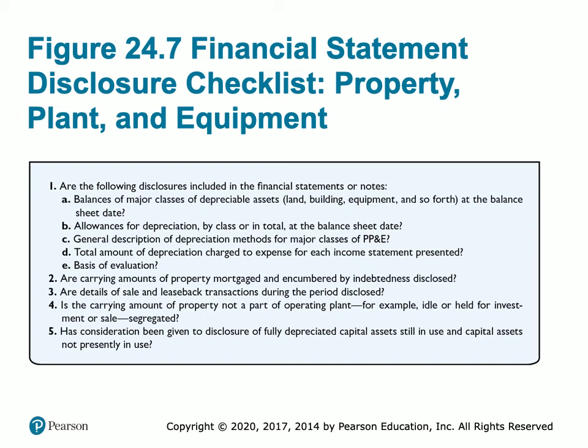Many companies, and in fact, you can even look on different websites, have financial disclosure checklists, which go step by step through each financial statement line item and have specific industry checklists. So there are lots of tools available to make sure you don't miss something. It's not like you've got to know the audit standards and the accounting standards perfectly every time, although that helps. Checklists are great reminders.